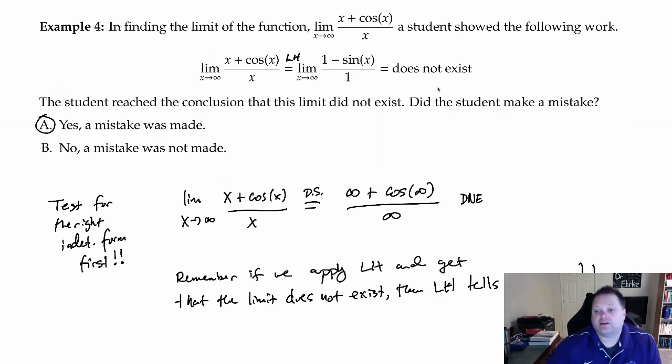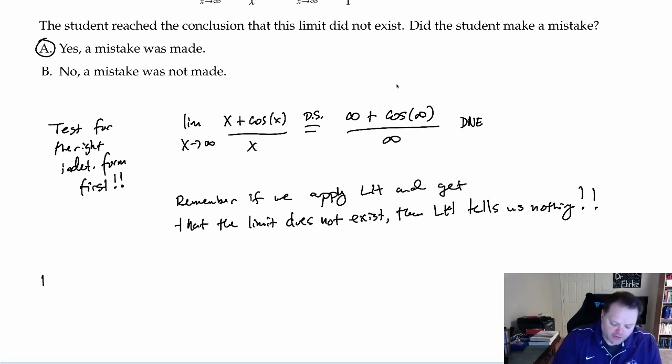So I can't conclude that the original, just because I did L'Hopital's rule and found this new limit didn't exist, that doesn't necessarily mean the original limit didn't exist. Here it meant it, but in general it doesn't mean anything about that original limit. So using L'Hopital's rule to verify anything in this situation is just not appropriate.